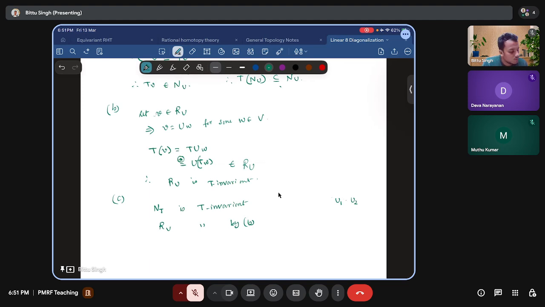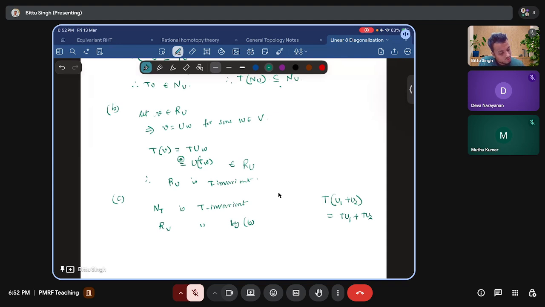If you apply T on the sum, this is the same as TU1 plus TU2, simply because T is linear. If you add two elements and apply T, that is the same as applying T individually and adding after the application.